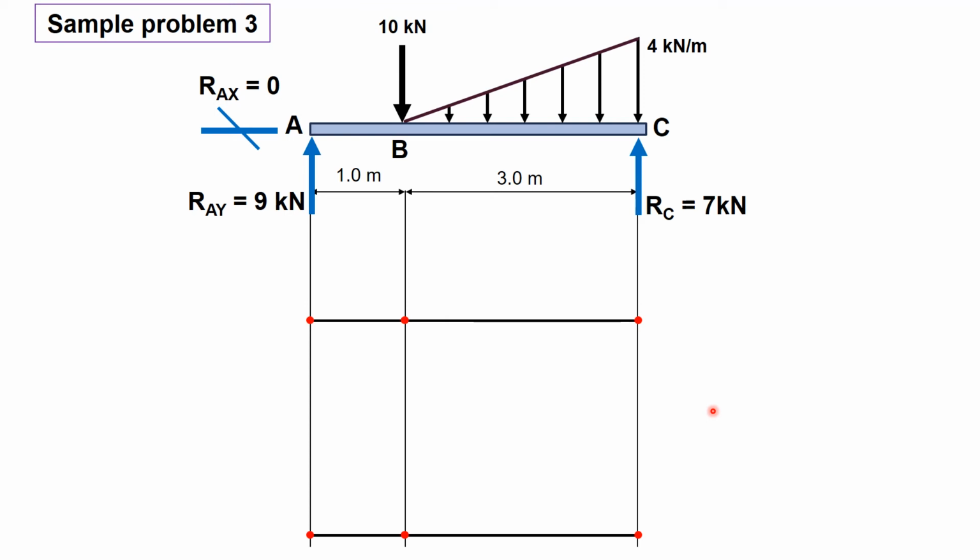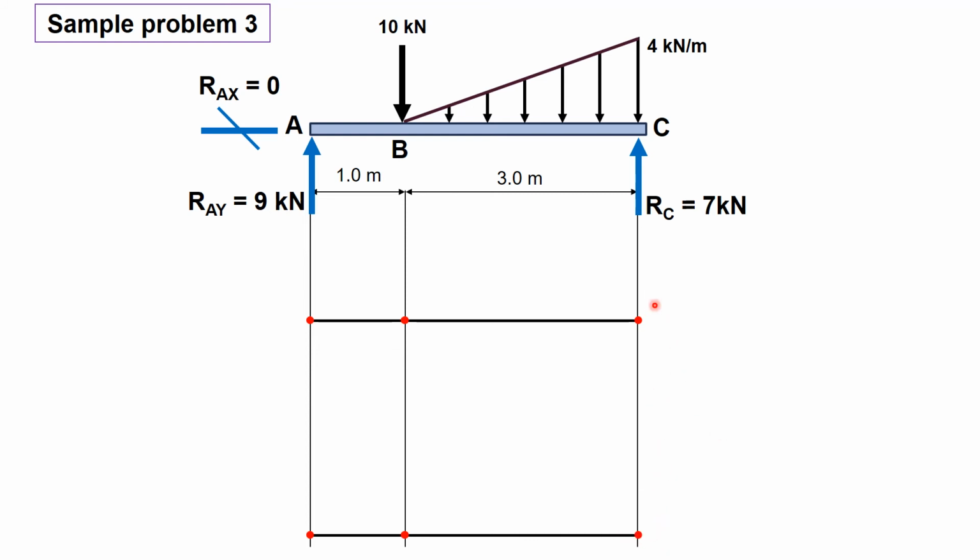Pero if you are plotting the values, kasi dito for the sake of presentation, nilalagyan ko nito. Pero if you will be the one to draw it, pwede namang meron, pwedeng wala. Kasi ginagamit lang natin yan as guide for the shear and moment. At ganun din, dito kasi nalagyan ko na ng lines for the moment diagram.